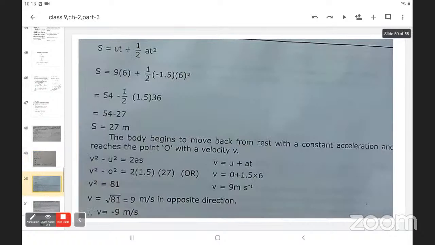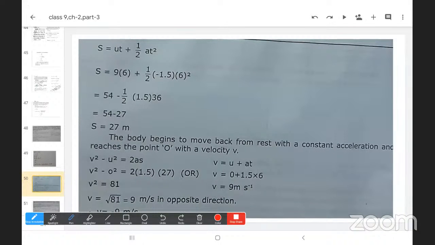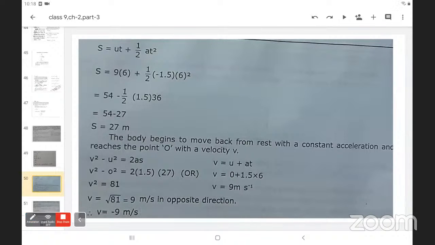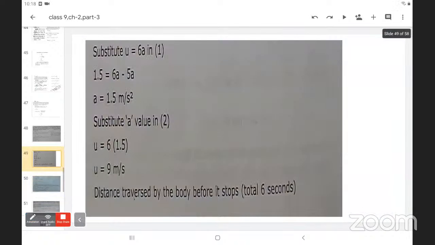Right. So here we can take s equals ut plus half at square, right? In this earlier equation, we got u equals 9 meter per second. Now the distance traveled by the body before it stops, that means in total 6 seconds.